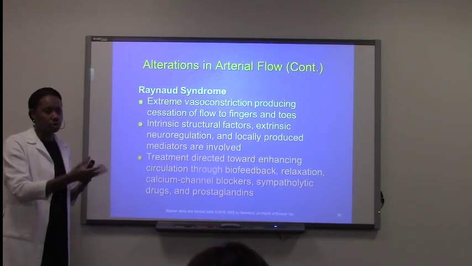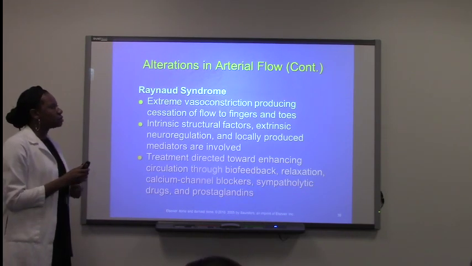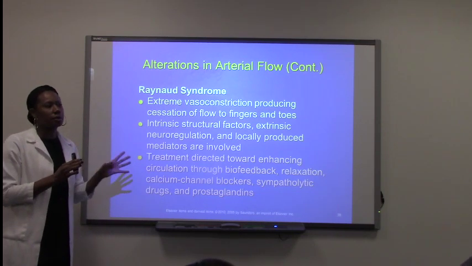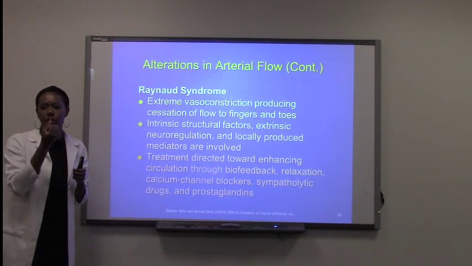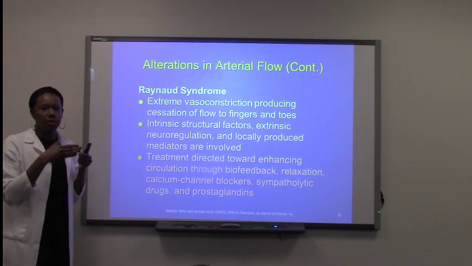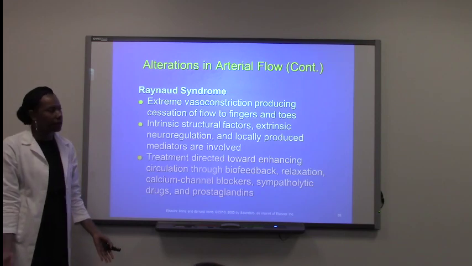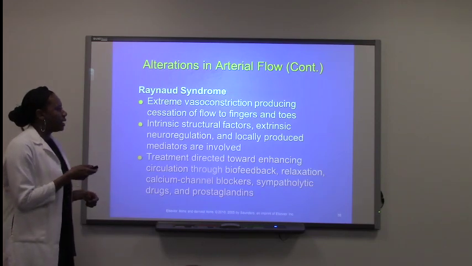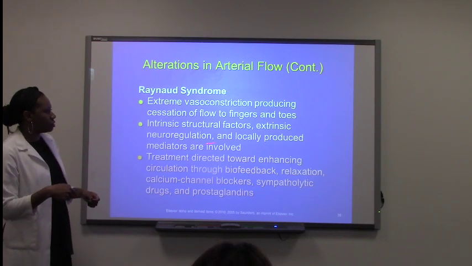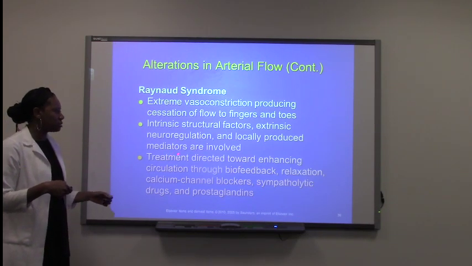Obviously, if they're in cold temperature, it makes it worse. So what happens here is an extreme vasoconstriction. Something is wrong with these individuals where the blood vessels just go into a severe spasm, so to speak, where it will stop the blood flow going to the extremities. This is from neuroregulation, and they do believe some mediators are involved.